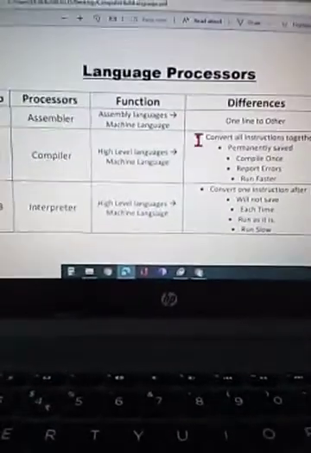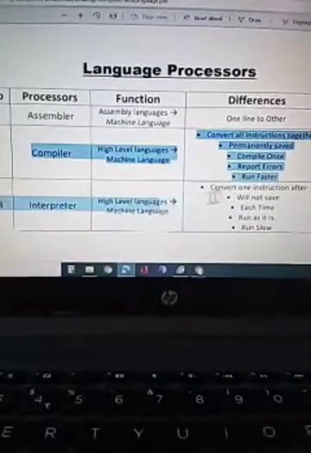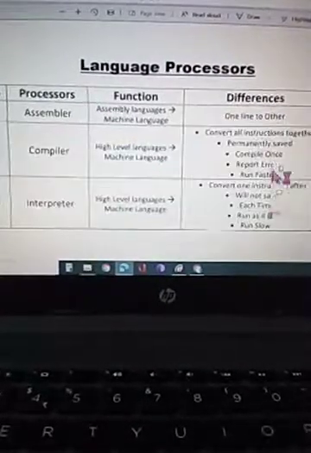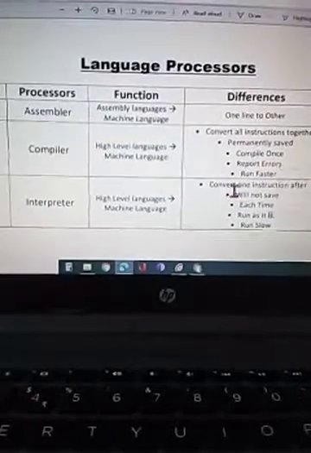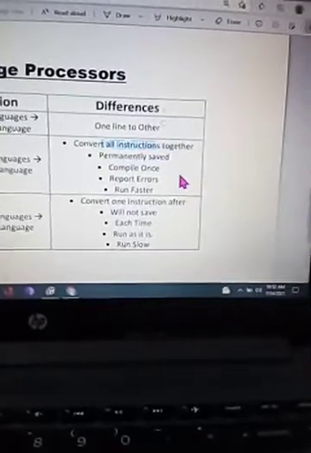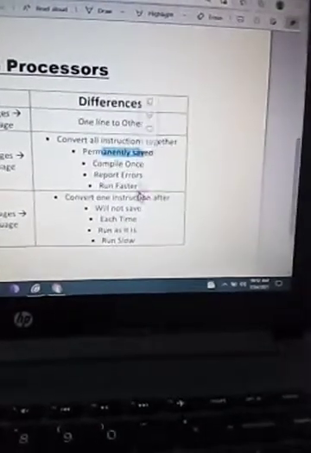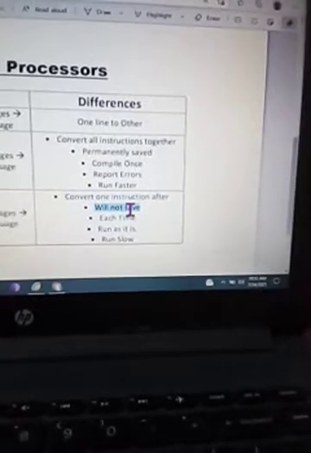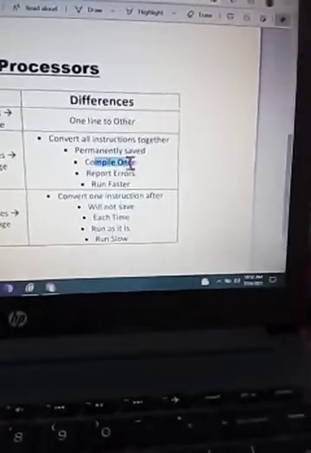But what is the difference between compiler and interpreter? You see the first point: the interpreter converts one instruction after another, but the compiler converts all instructions. The second one is permanent saving. The interpreter will not save. The compiler compiles once, and the interpreter interprets each time.